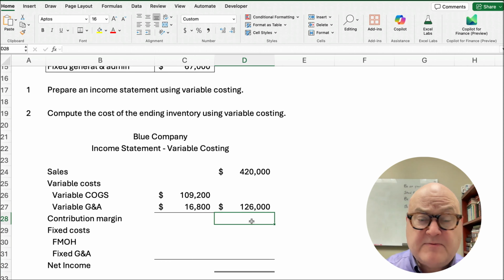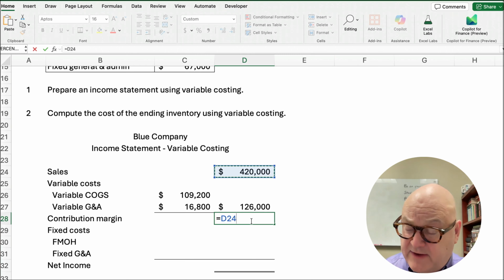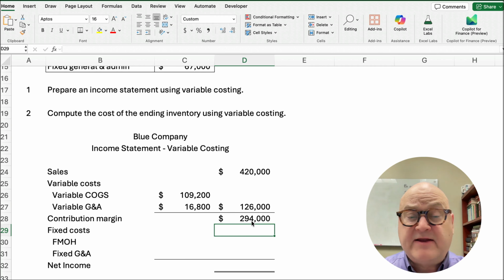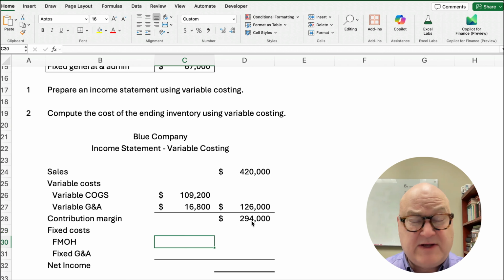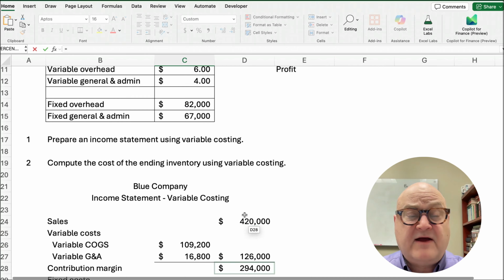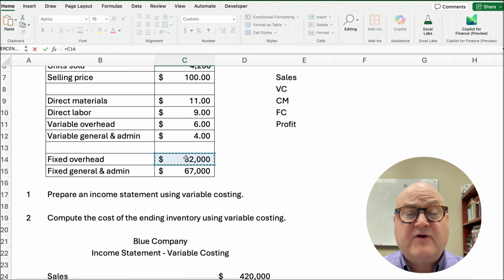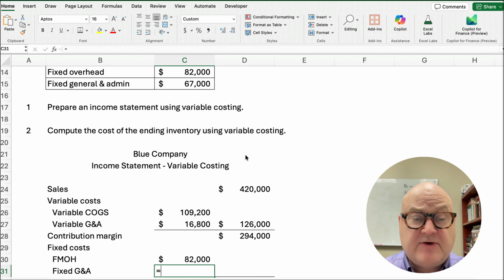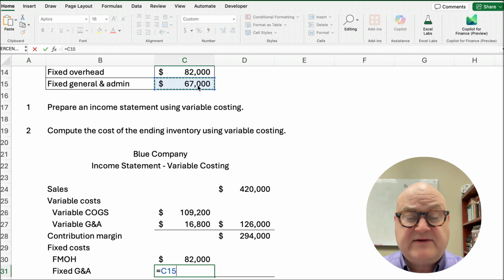Then our contribution margin is going to be 420,000 minus 126, and that will be 294,000. Now we need to just grab our fixed cost, and we could certainly add these 2 together, but I'm just splitting them out so you can see them individually. So our fixed MOH, our fixed overhead is 82,000, and our fixed general and administrative is 67,000.